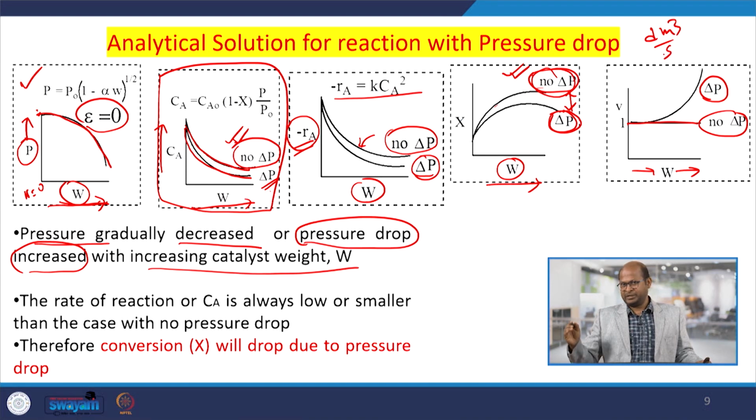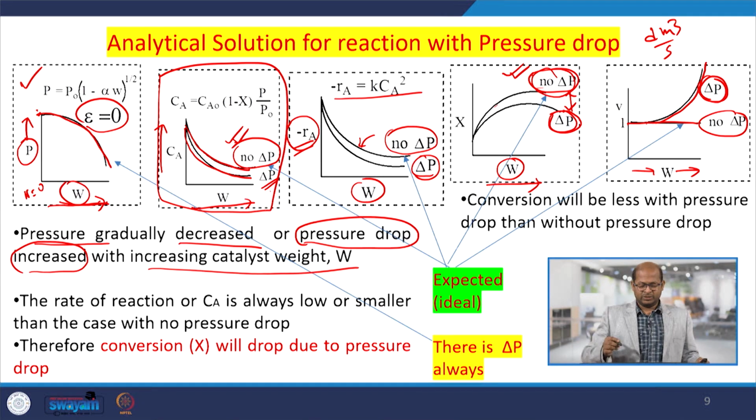So, the volumetric flow rate remains constant throughout the bed. But in the actual case, when there is a pressure drop, along the weight of the catalyst or along the length of the bed of the packed bed reactor, the volumetric flow rate will gradually increase. So, that would affect the overall performance of the reactor.